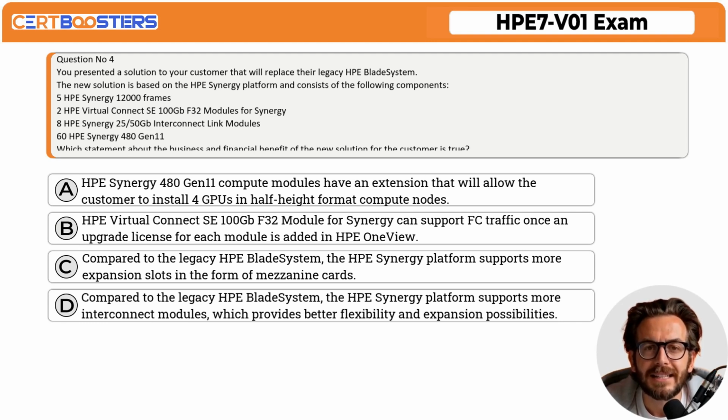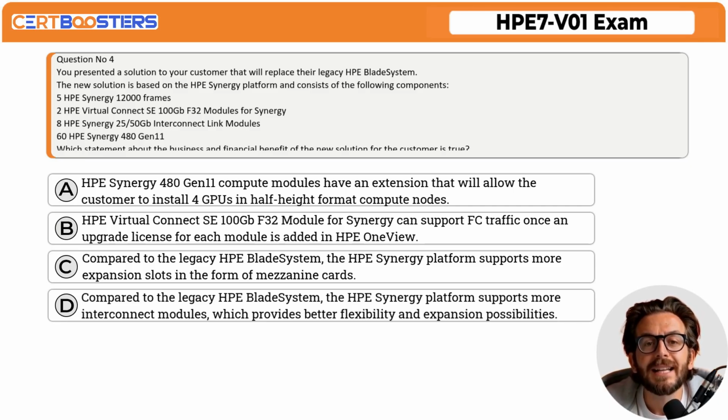A. HPE Synergy 480 Gen 11 compute modules have an extension that will allow the customer to install 4 GPUs in half-height format compute nodes. B. HPE Virtual Connect SE 100 Gigabit F32 module for Synergy can support FC traffic once an upgrade license for each module is added in HPE OneView.